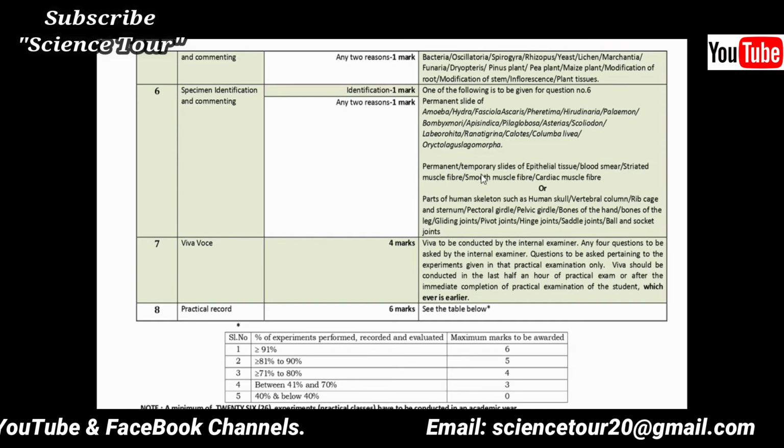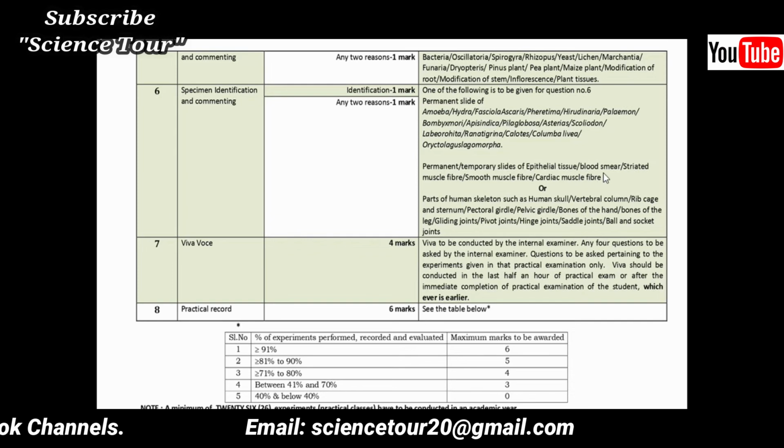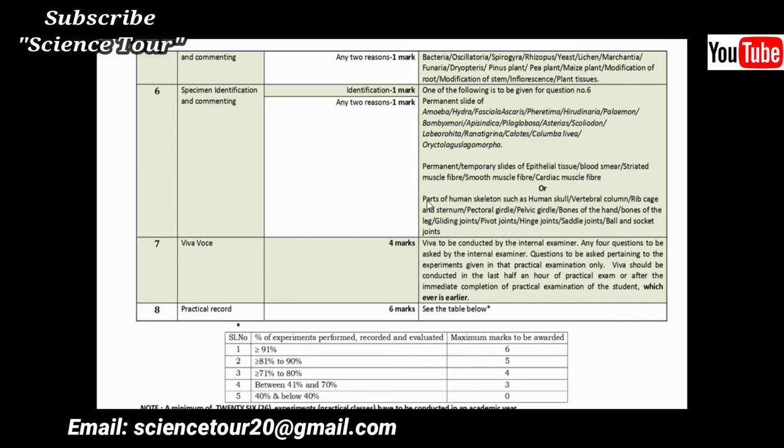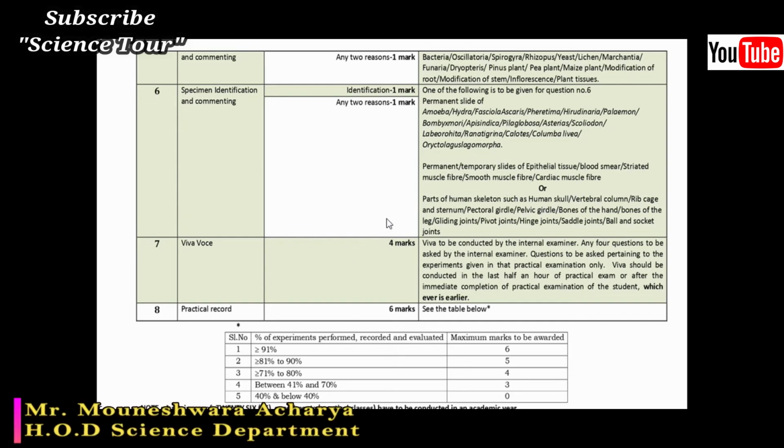So permanent or temporary slides of epithelial tissue or maybe blood smear or striated muscle fibers, smooth muscle fibers or cardiac muscle fibers can be given, or parts of the human skeleton such as human skull, vertebral column or rib cage, sternum, pectoral girdle, pelvic girdle, bones of the hand or bones of the leg, then gliding joints, pivot joints, hinge joints, saddle joints, ball and socket joints.